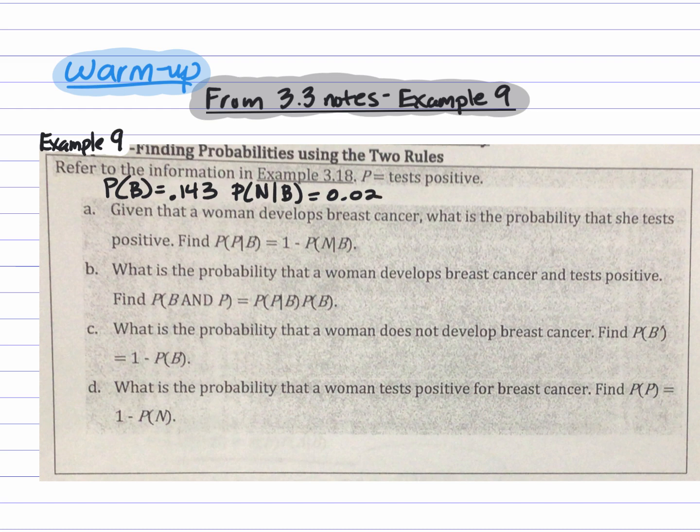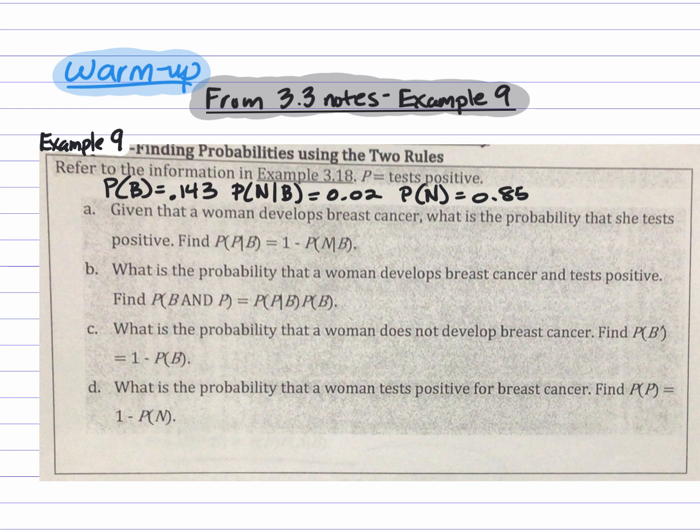And then the probability of not having breast cancer is 0.85.